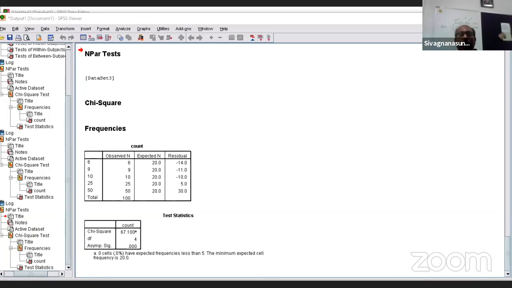So how much total? 25 plus 6 is 31, 31 plus 50 is 81, 81 plus 19 is 100. Of the 100 students, A is supposed to be 20 students, but only 6 students have got it. If the grading pattern is equal, in each grade there will be some 20 students. So I can simply conclude by looking at the data that the grade distribution is not equal, isn't it? Yes or no?